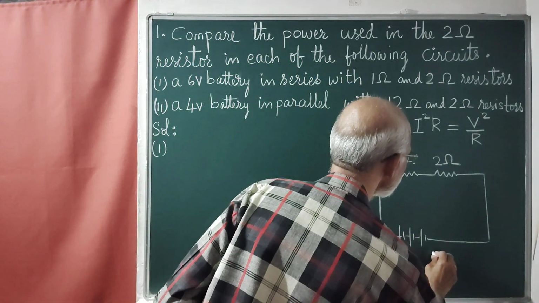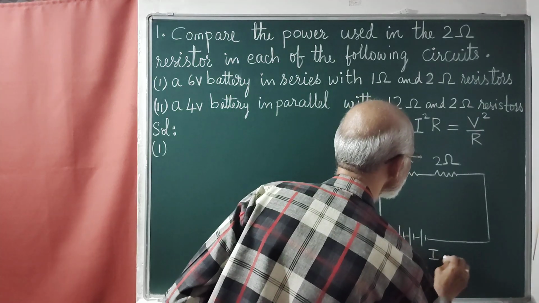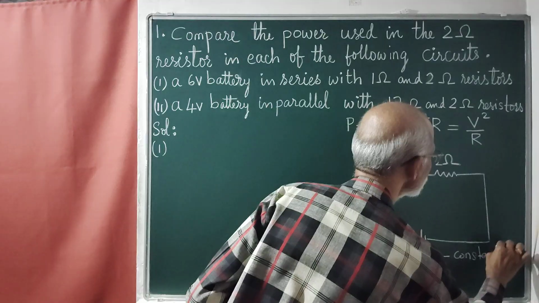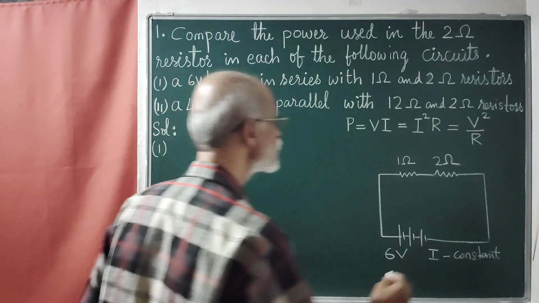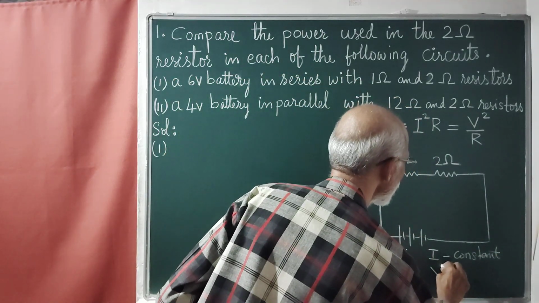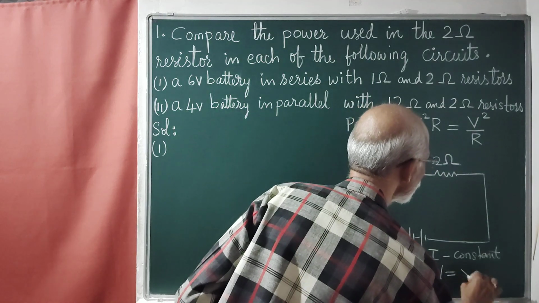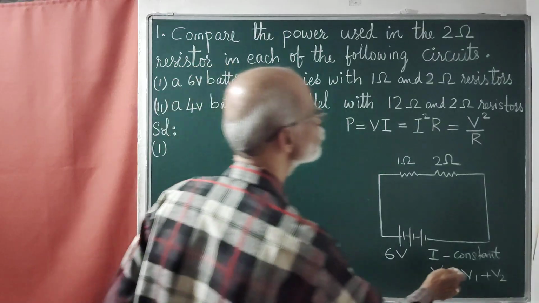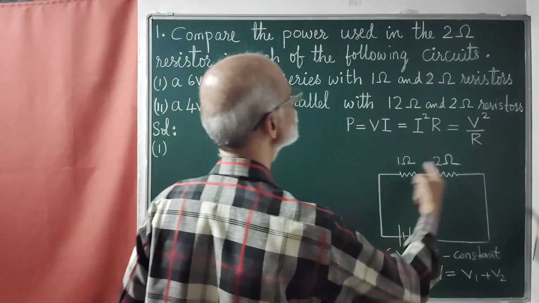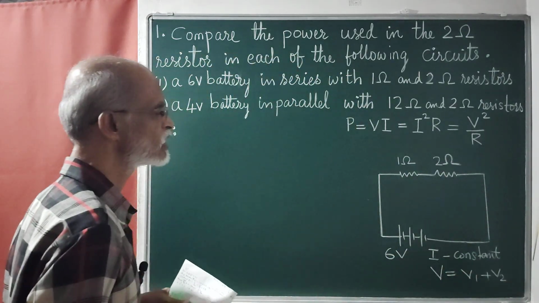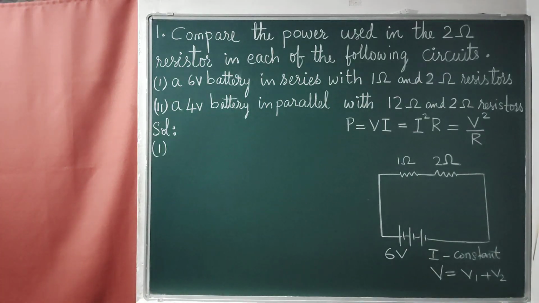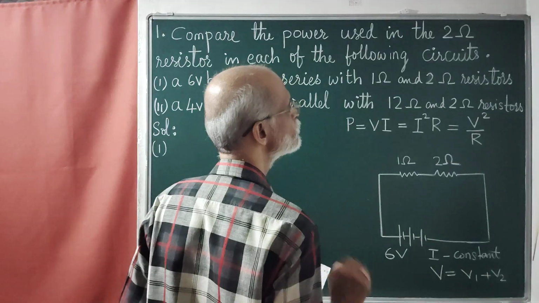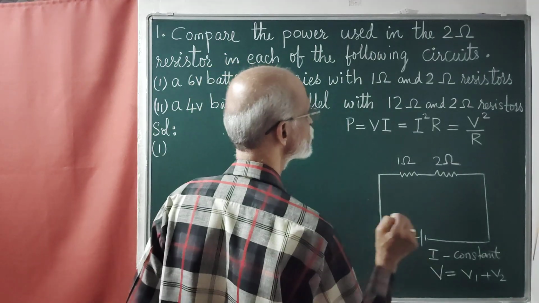The current I is constant throughout. And V, the total voltage of the circuit, will be equal to V1 plus V2. The voltage is not the same across both the resistors, but the current is the same throughout the circuit. Wherever you measure, the current is the same.